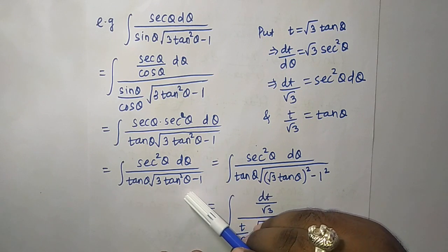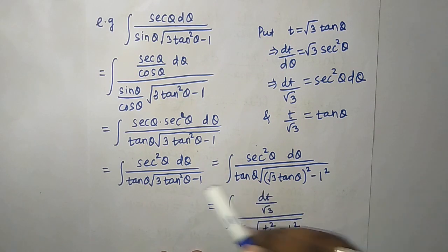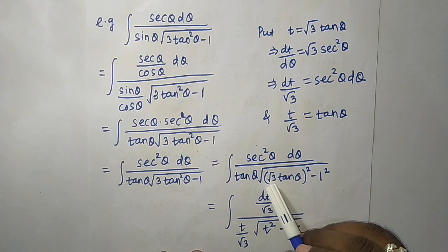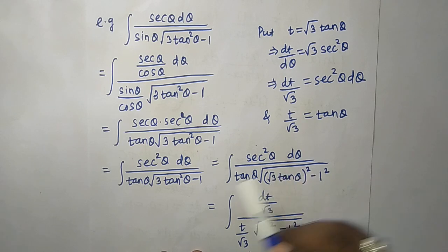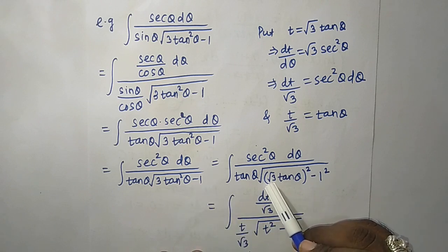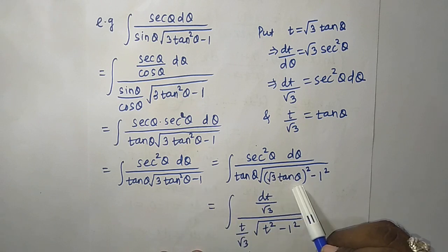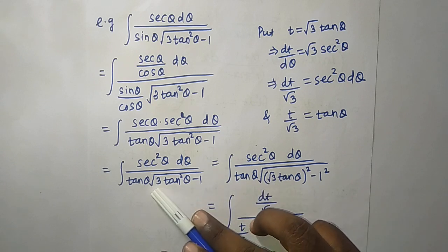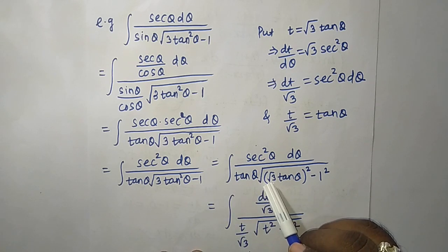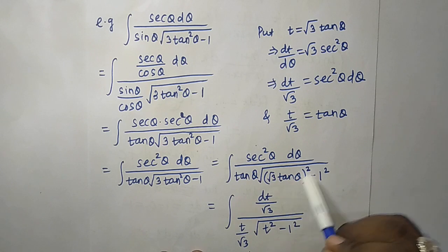Here 3 tan square theta is there, so in place of 3 tan square theta we can write root 3 tan theta whole square. You know, root 3 tan theta whole square is equal to 3 tan square theta, because root 3 into root 3 is 3, and tan theta into tan theta is tan square theta.